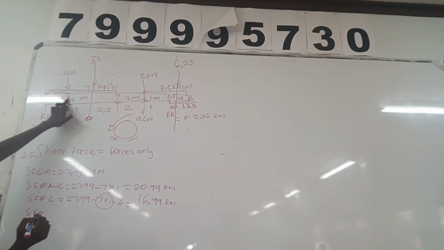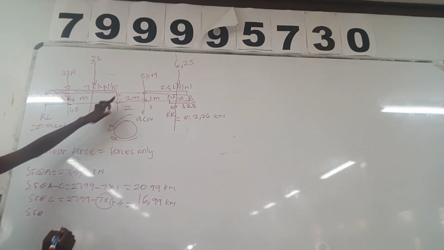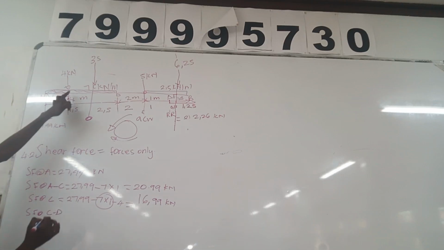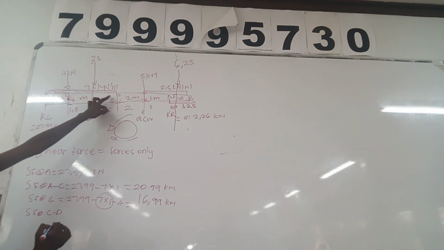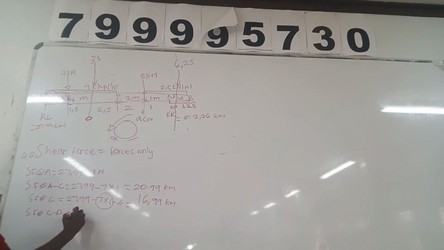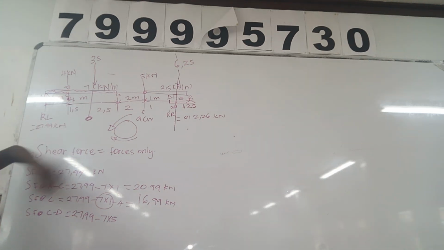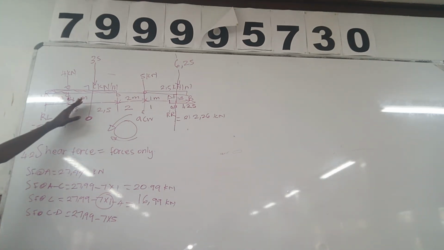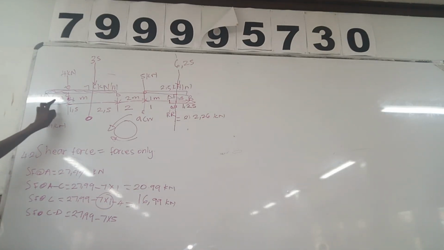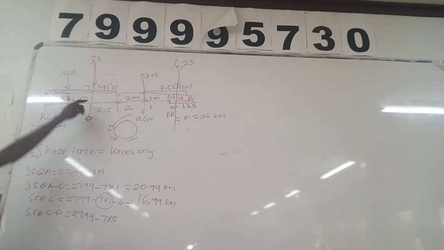We are done with the shear force at A, from A to C, and at C. Now the shear force from C to D. This is C and then D. It's 27.99 minus 7 times 5. Why is it 7 times 5? Because for the shear force from C to D, the UDL covers the distance 5.